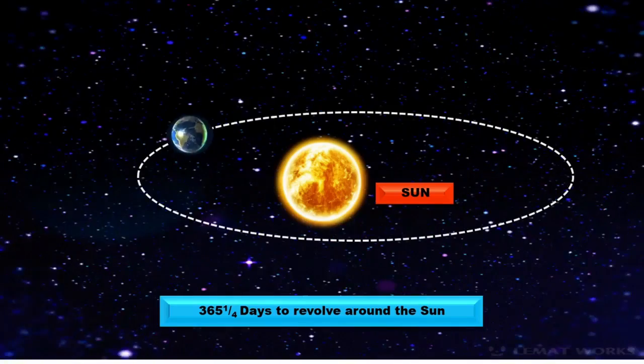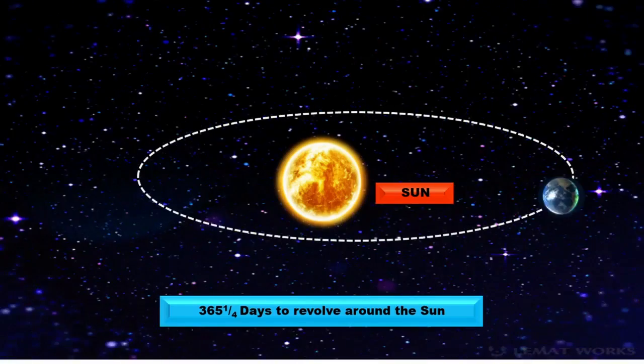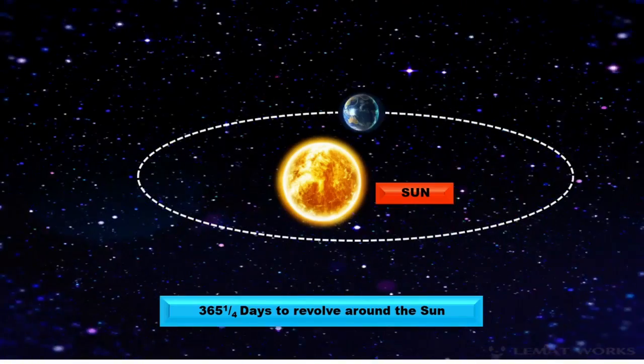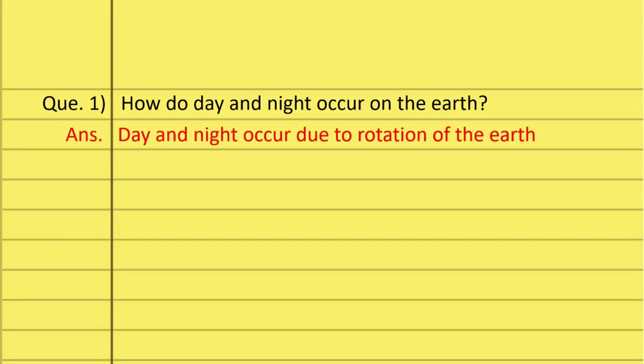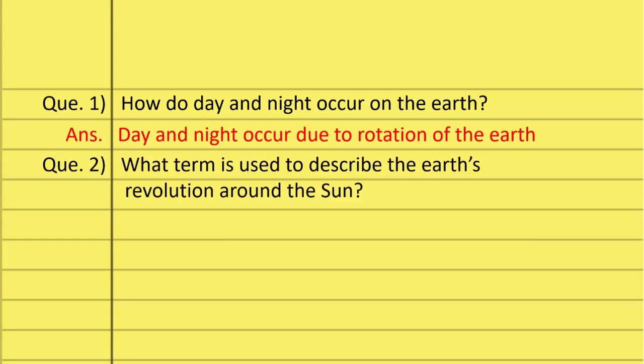Now, let's recall few things that we have already studied in previous year. First, how do day and night occur on the earth? Day and night occur due to rotation of the earth or the axial motion of the earth on its axis. Next question. What term is used to describe the Earth's revolution around the Sun?